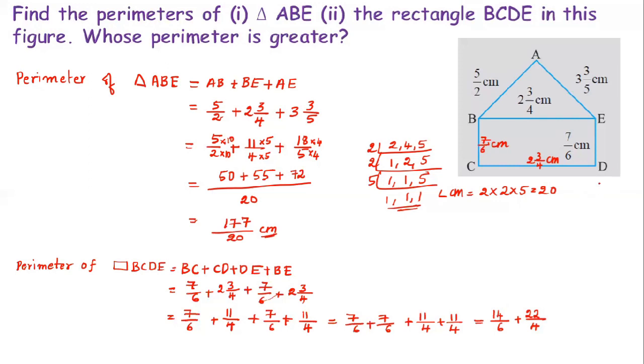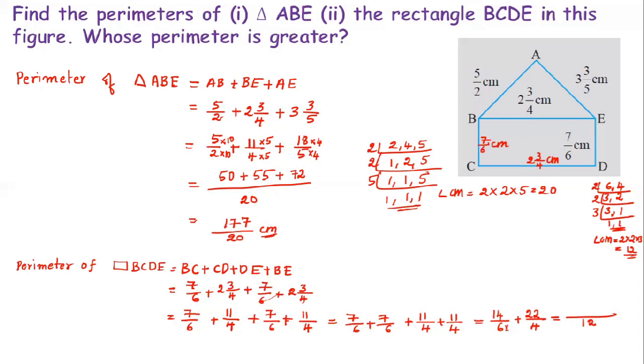LCM of 6 and 4 is, 2 threes are 6, 2 twos are 4, 3 is not divisible by 2, write as it is. 2 ones are 2. So LCM of 6 and 4 is 2 into 2 into 3, that is 12. Write 12 in the denominator.